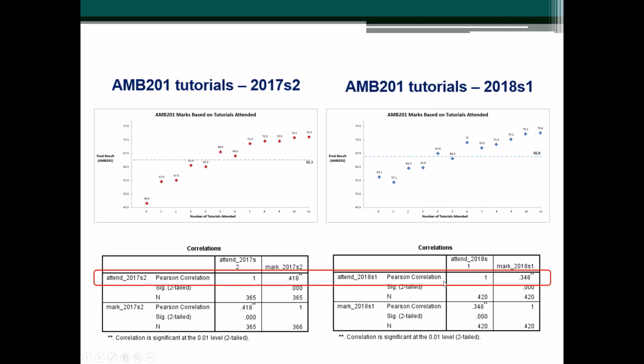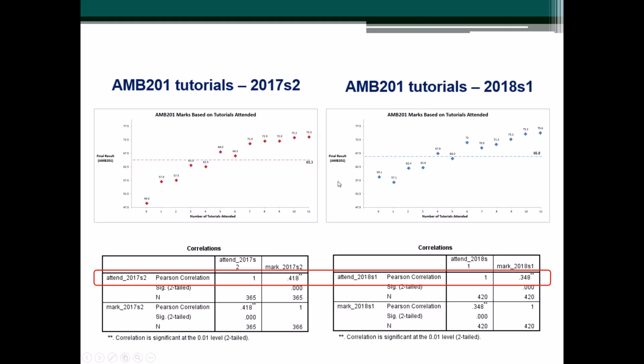For 2018 semester 1, the correlation fell down a little bit, so it was 0.348. So this is still a moderately strong relationship. There's still a fairly good correlation between attendance and overall performance, but it's just not as strong as it has been in the past. And you can see that here because we've got a fairly steep relationship in 2017, and then in 2018 semester 1 that relationship becomes a little less steep.